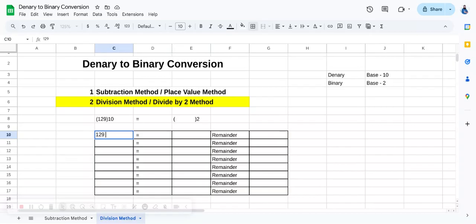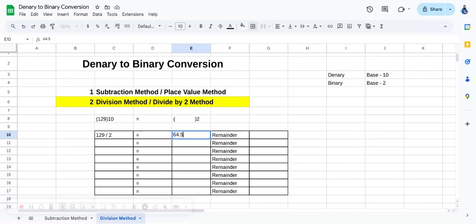In this example, the number we have received to work with is 129. As the method name says, division method or divide by 2 method, we use this number 129 divided by 2, and we write the answer after this equal sign. When we divide 129 by 2, we get 64.5.